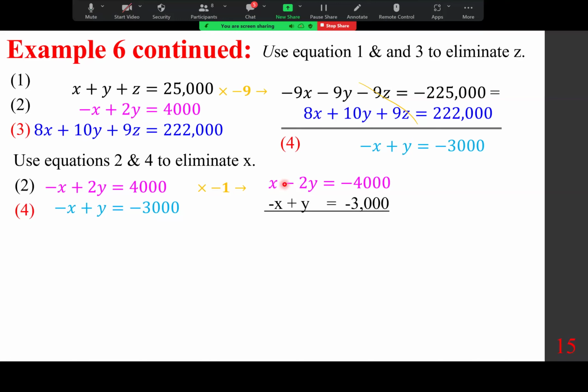So these two cancel each other. We get minus y equals minus 7,000. That means y is 7,000.